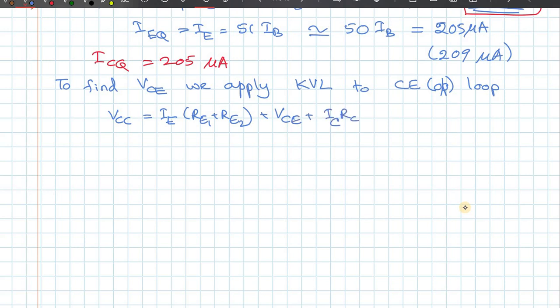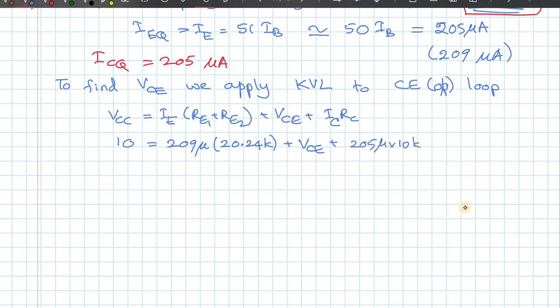Writing this exactly, it will be 10 volts is equal to IE, which is 209 microamperes, times 20.24K, plus VCE plus 205 microamperes times 10K.